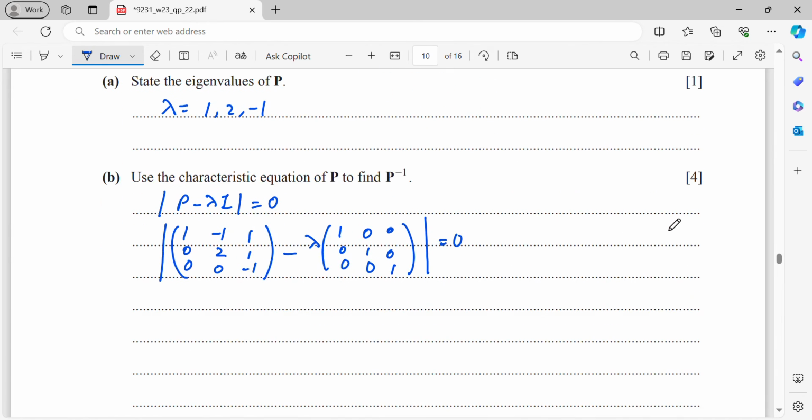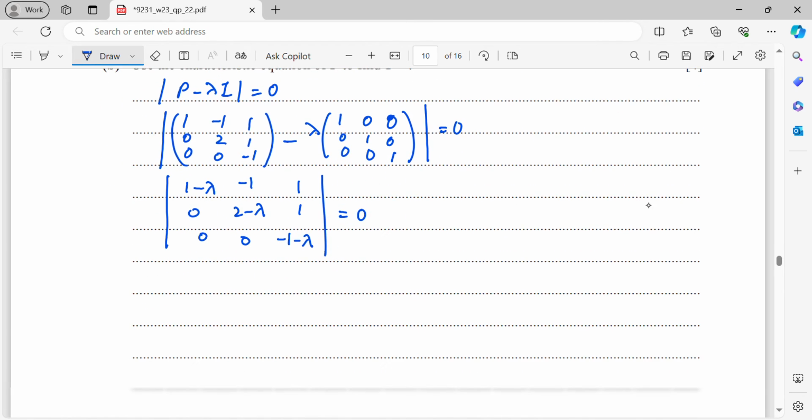Then now here, basically you are getting 1 minus lambda. Just on the diagonal, you minus lambda. The rest remain. Okay, then from here, to get the determinant, I fix the first column and label the sign.